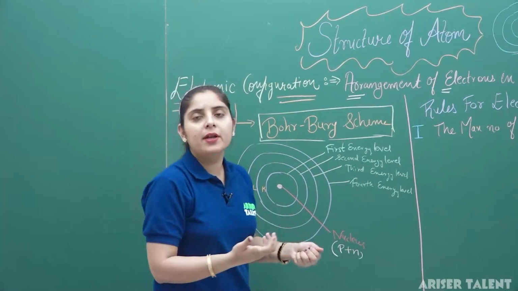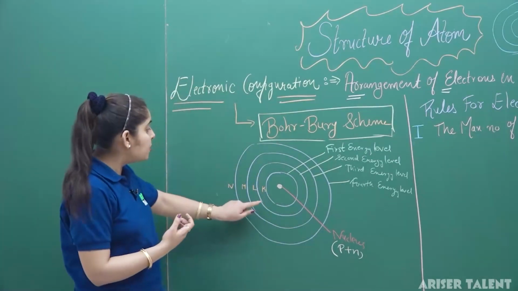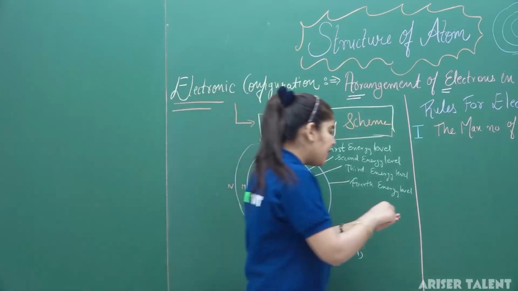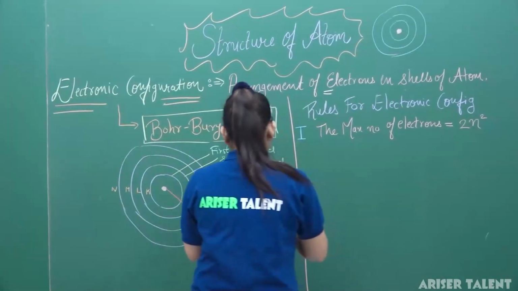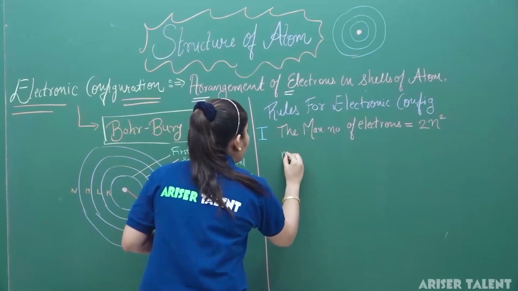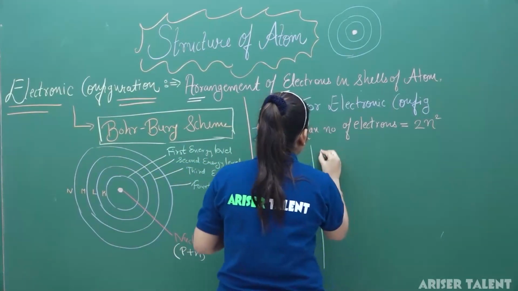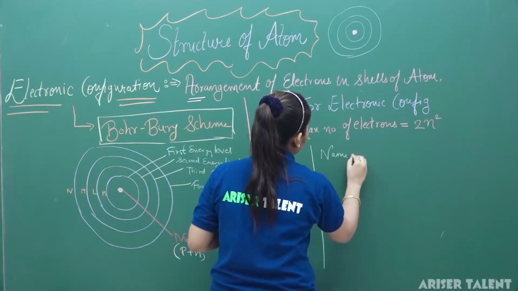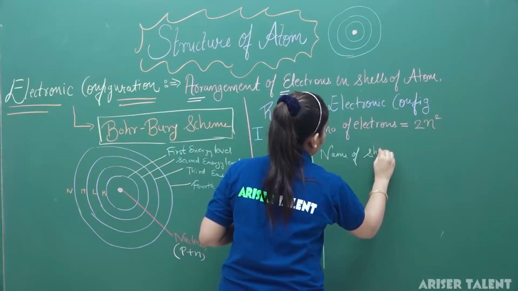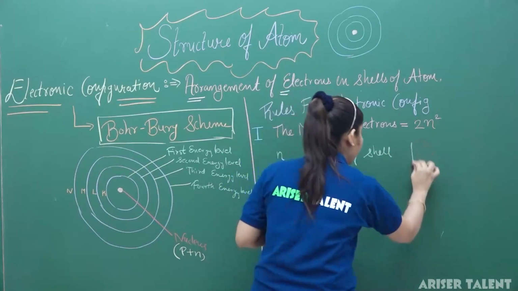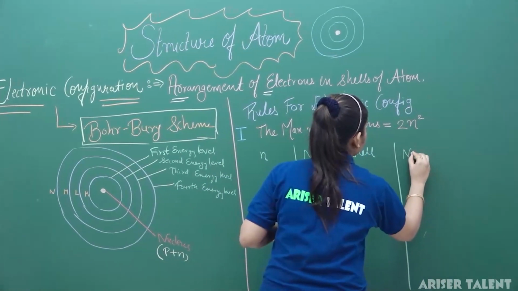Now, we want to calculate the maximum capacity of electrons in these shells. So we write here the value of n, the name of the shell, and then the number of electrons.